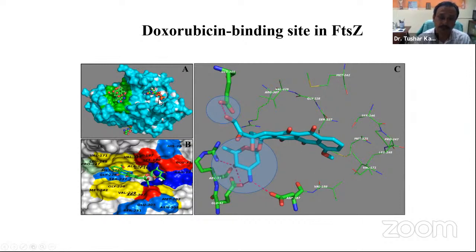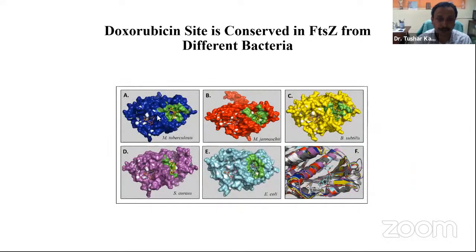Here you can see two different sites: one is the GTP binding site, and the other is the doxorubicin site. We made a mutation in this doxorubicin binding site, the S10 helix, and showed that it inhibits the binding of doxorubicin to FtsZ.